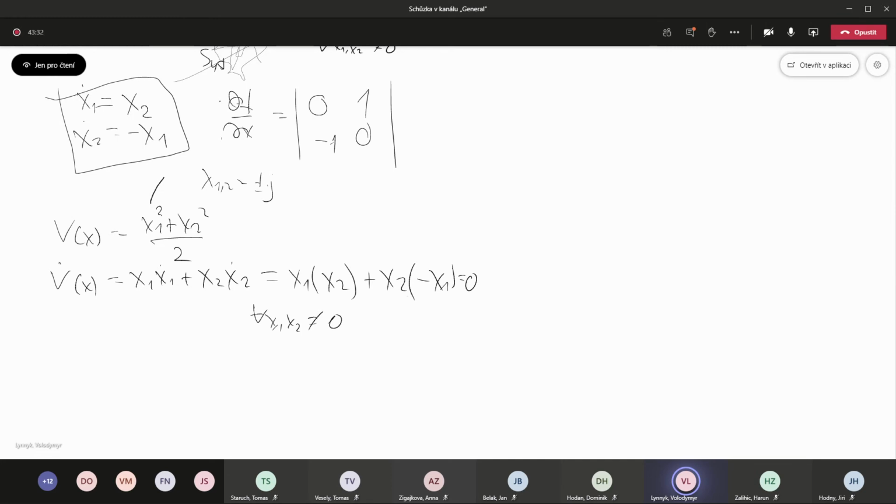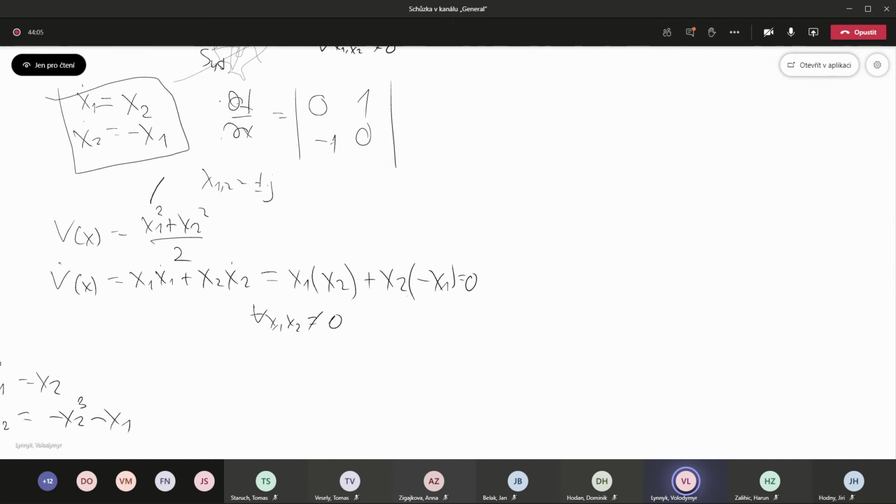Okay, the next example, the second one from the first seminar: x1 dot equal to x2 and x2 dot equal to minus x2 cubed minus x1.